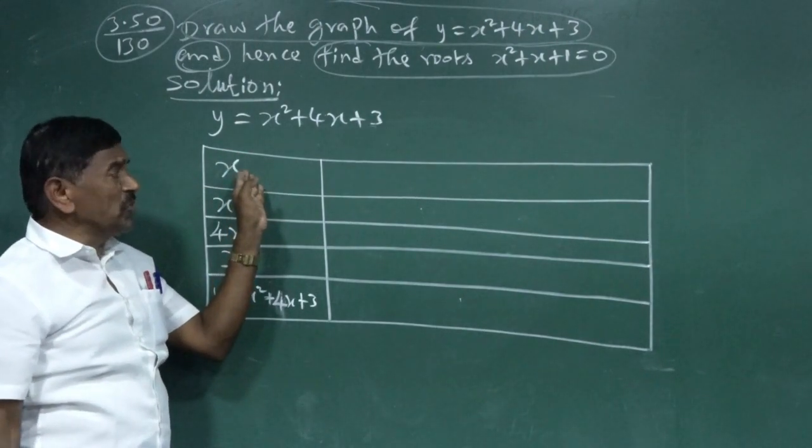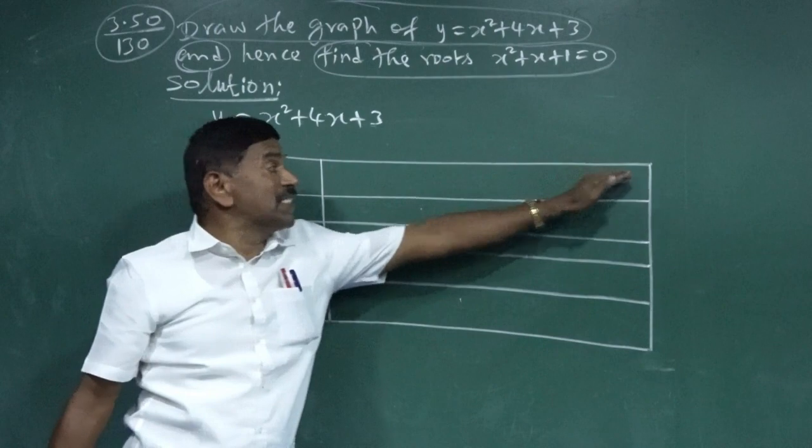Now let us take x values. Usually we take x values from -4 to +4.